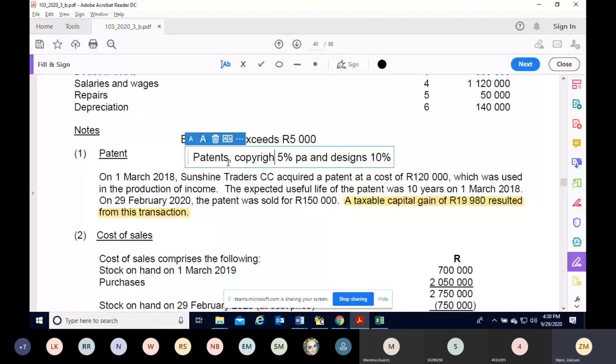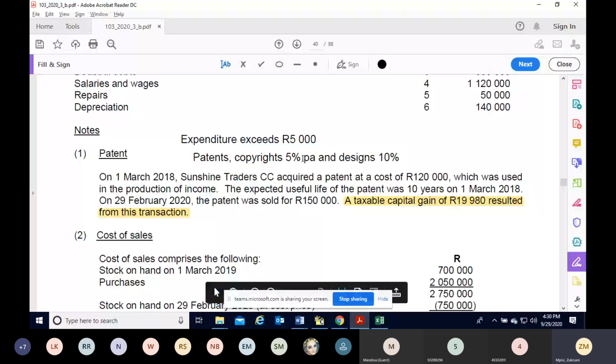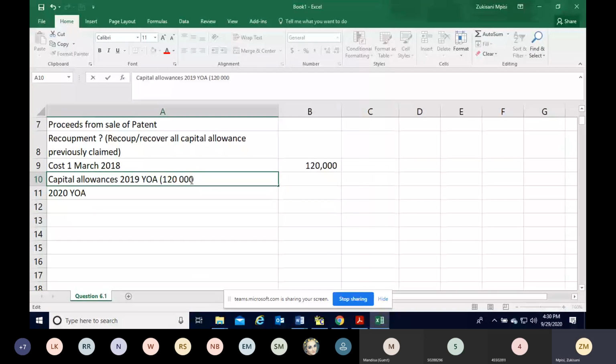So in this case, because it is a patent, the 120,000 would have been claimed at 5%. Which means that in the first year, 120,000 multiplied by 5%. What is the amount there? What is 120 multiplied by 5%?